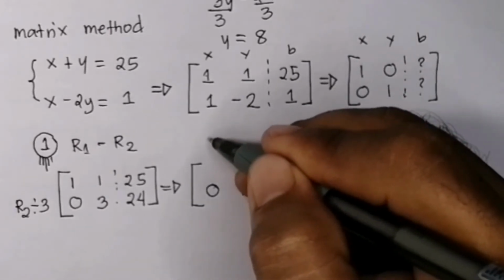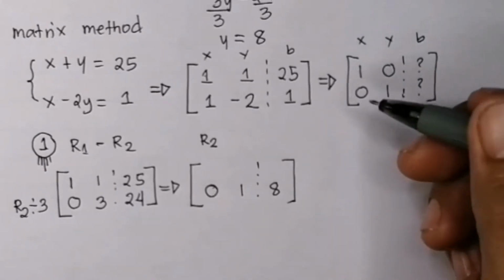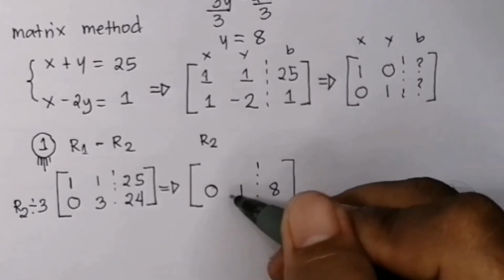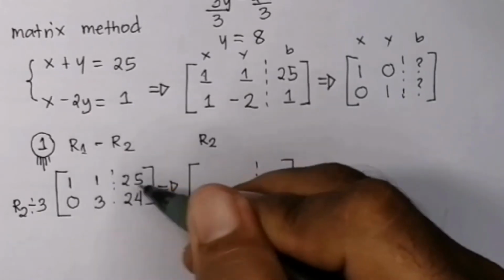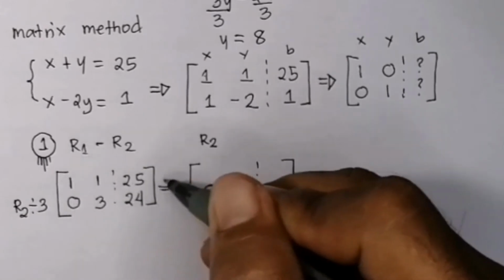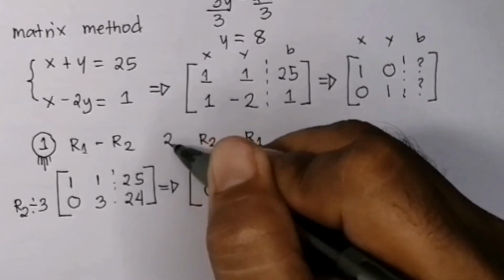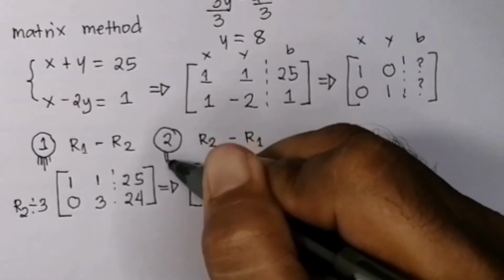So we put it here as row 2. To make this 1 into 0, row 2 minus row 1. This would now be our second step.